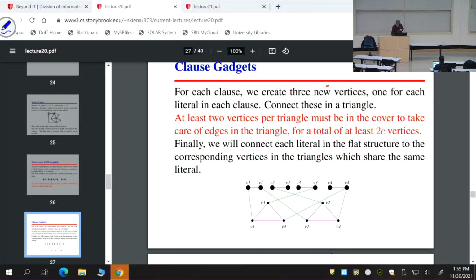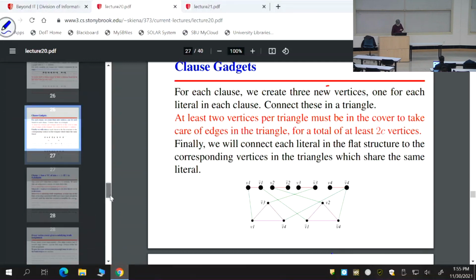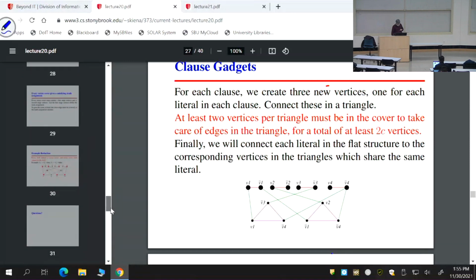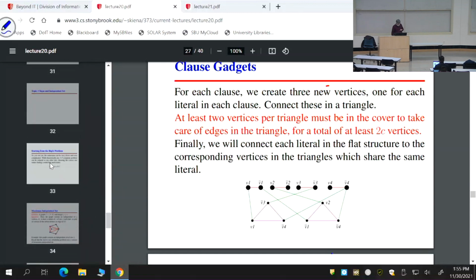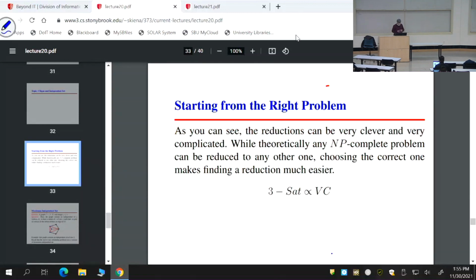Okay. Once you've done that, now we have another Bandersnatch, right? Vertex cover is a good one.